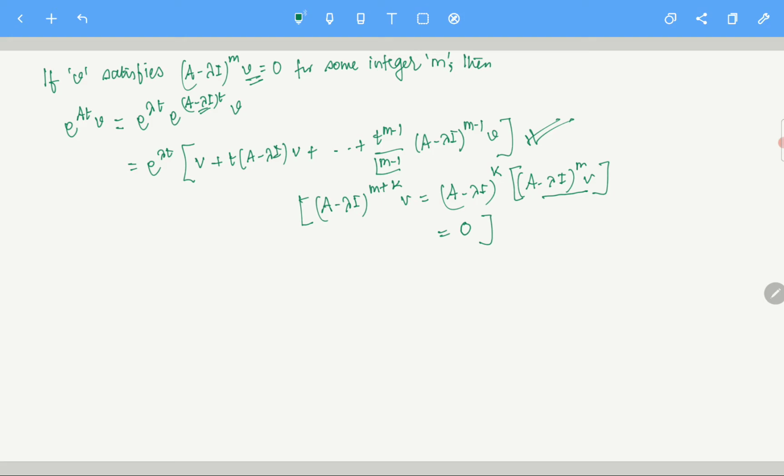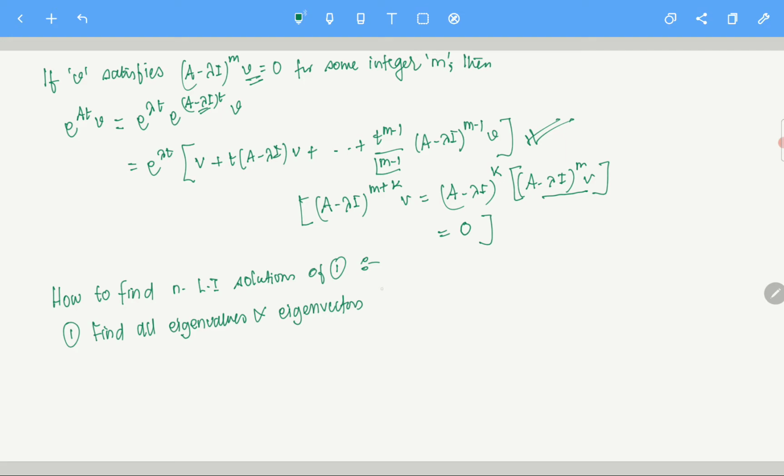Case 1: how to find n linearly independent solutions of system 1. The first step is to find all eigenvalues and eigenvectors, the eigenpairs, of A.